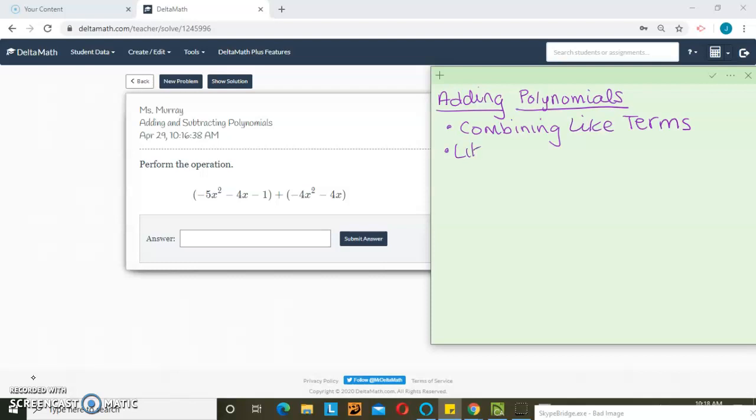Like terms have the same variables raised to the same exponents.